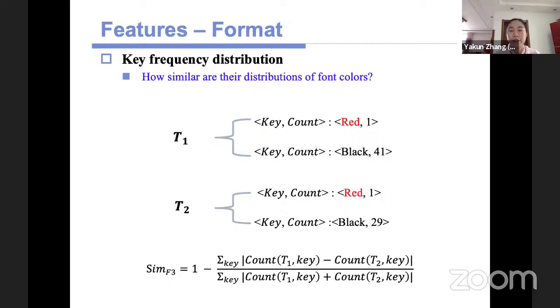In this formula, the red part denotes the frequency difference for a type of font color, and this red part denotes the frequency summation for a type of font color. Actually, the more cells in two tables share the same font colors, the higher the similarity score we obtain.